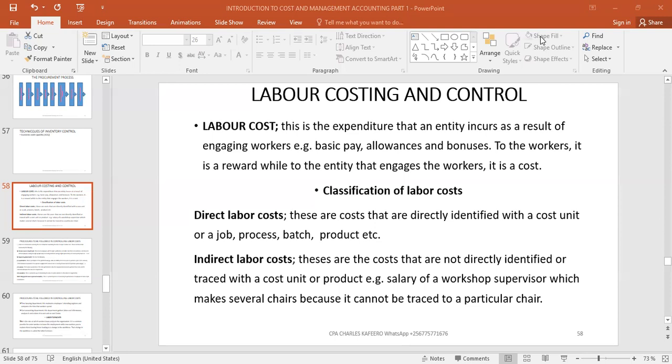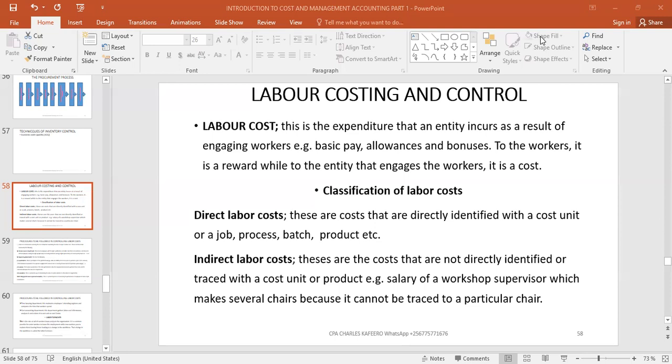So when you are talking about these costs, we have different classes, and these labor costs are classified into the direct labor costs, and those are the costs that are incurred in the production and can easily be traced on the product.